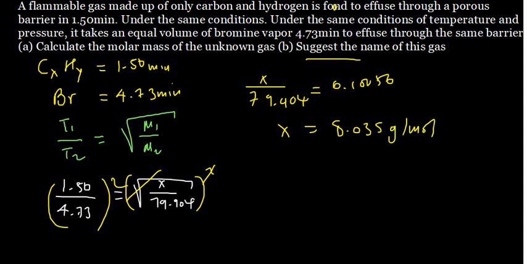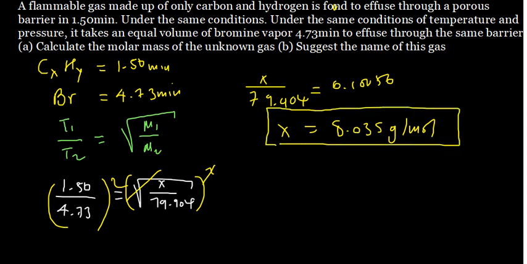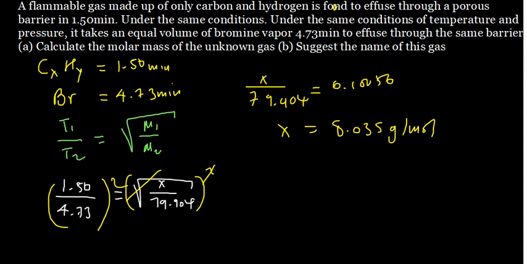Now, the other question is asking us to suggest the name of the gas. Remember, this one only has carbon and hydrogen. Do you have anything with this molar mass? Just carbon itself, the molar mass of carbon is 12. Something I maybe left out is that bromine vapor should exist in the form Br2, meaning that the molar mass we had here, we forgot to multiply by 2.